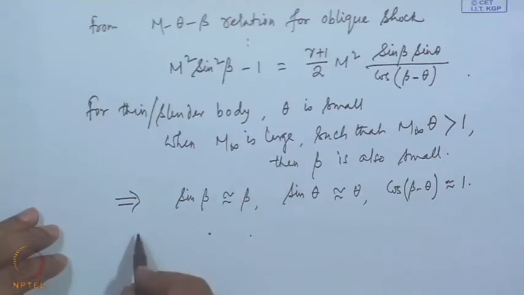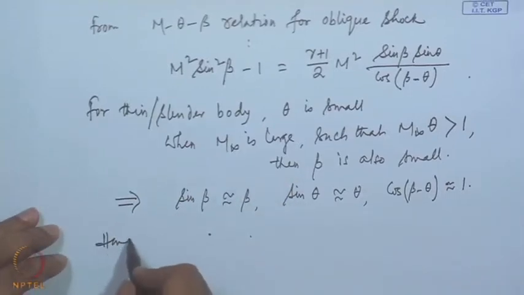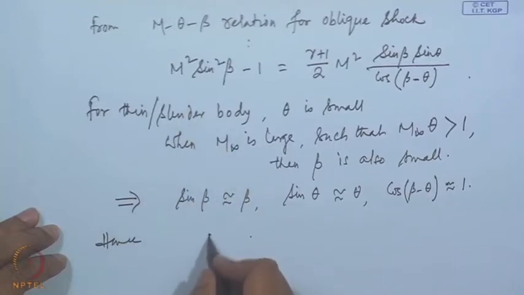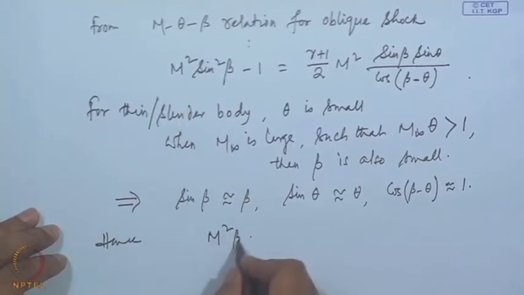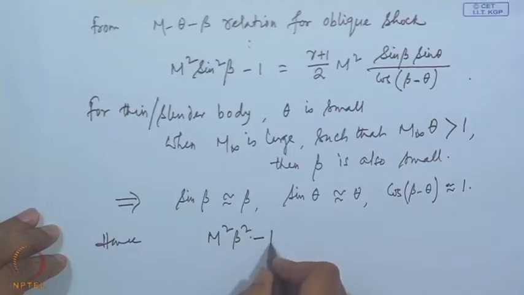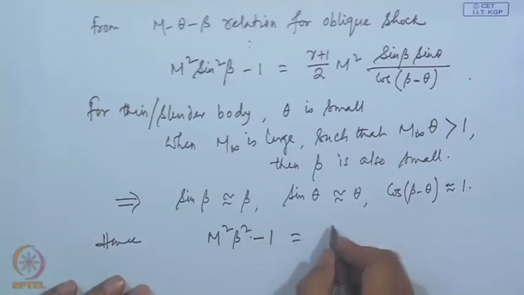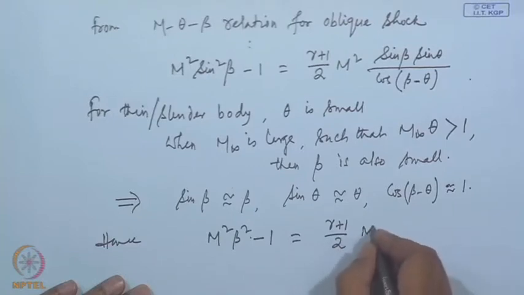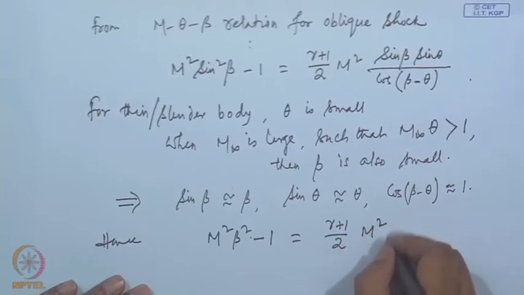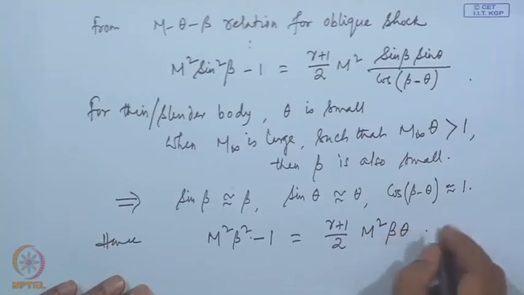So, the equation becomes M square beta square minus 1 equal to gamma plus 1 by 2 M square beta theta.